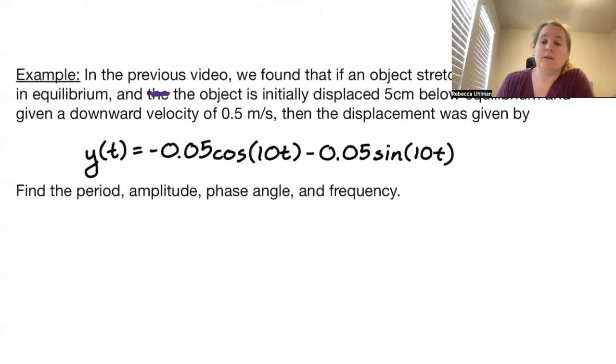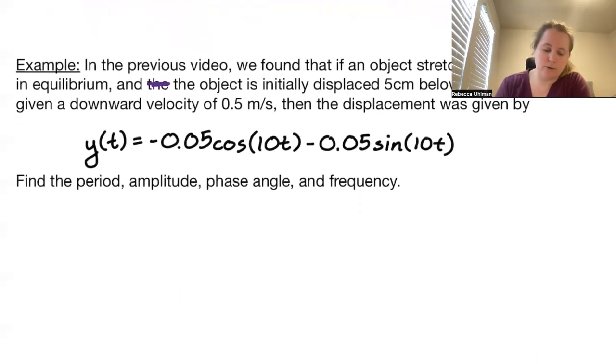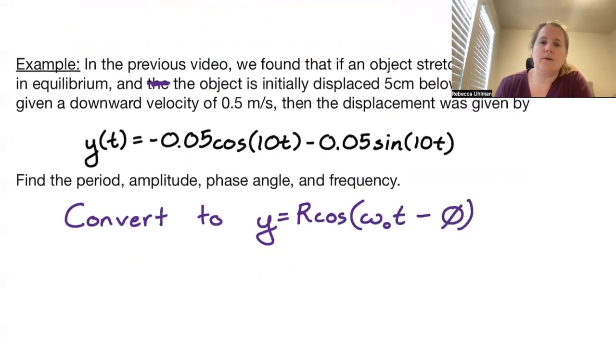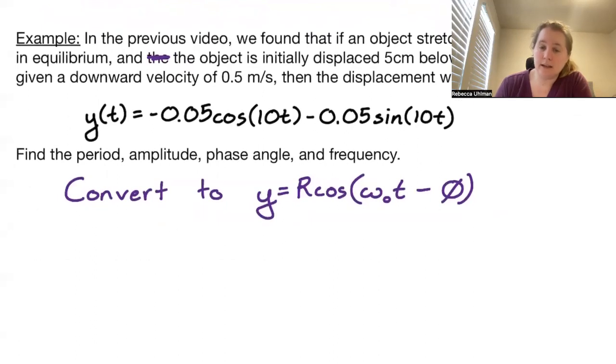So the first thing we need to do is convert to our alternative form. So we will convert to y equals R cosine of omega naught t minus phi. In this case, our omega naught is just 10.